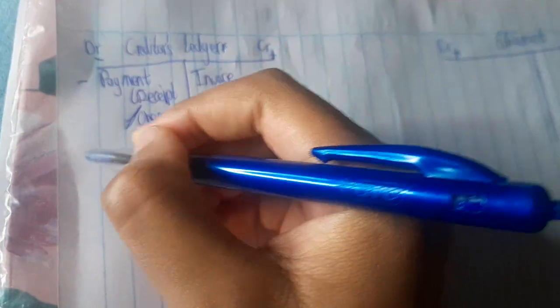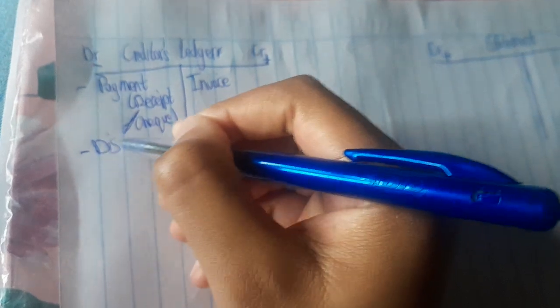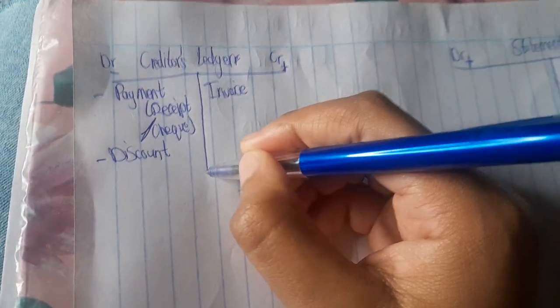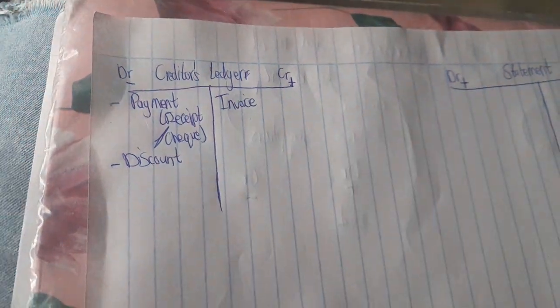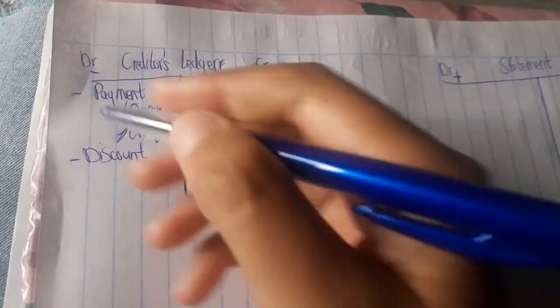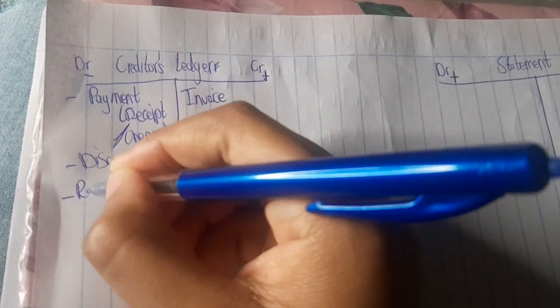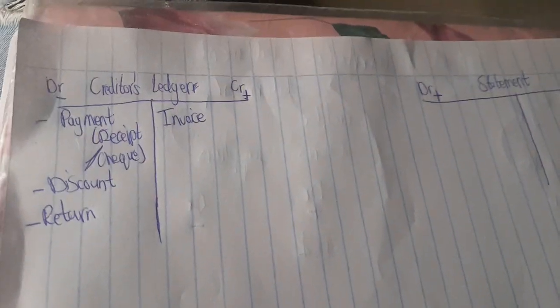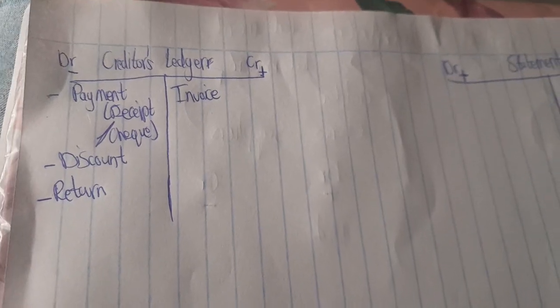Another thing that we can have is a discount. If we purchase goods from our creditors and they give us a discount, it decreases the amount payable. Another thing that we have is a return. Whenever we have a return, guys, it decreases the amount payable.